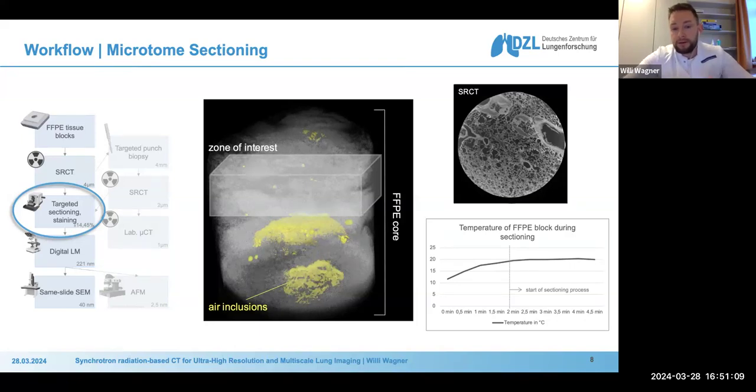And we have found that to reach your envisioned slice, you have to keep the temperature of your FFPE block stable during the microtome sectioning. If everything works well and you have an experienced technician doing the sectioning, you may hit your region of interest with an accuracy of so far 15%, more or less, which is good because usually your zone of interest is a little bit larger.